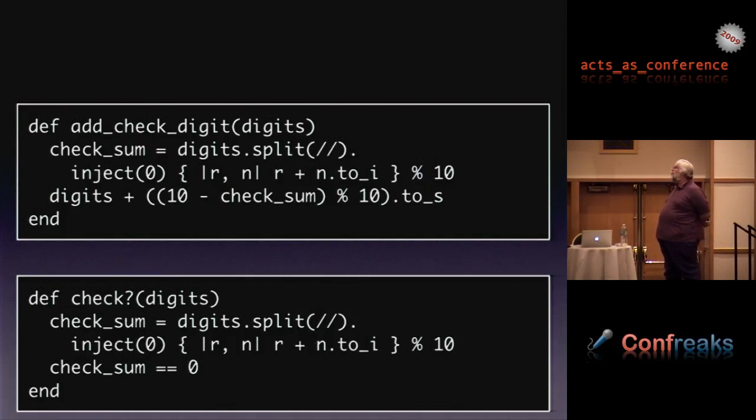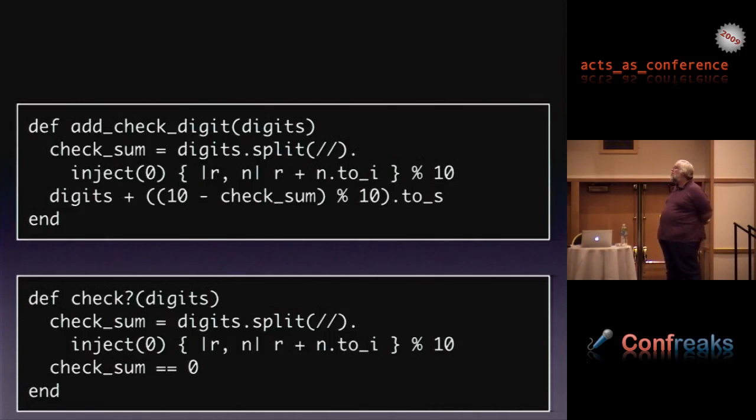We take all the digits, split them up, run a little inject loop that adds up their totals, and we take it mod 10, and that becomes a checksum. And then we calculate the correcting digit by subtracting the checksum from 10, taking that all mod 10, converting it to a string, and just appending it to the end of our digit string and returning that value.